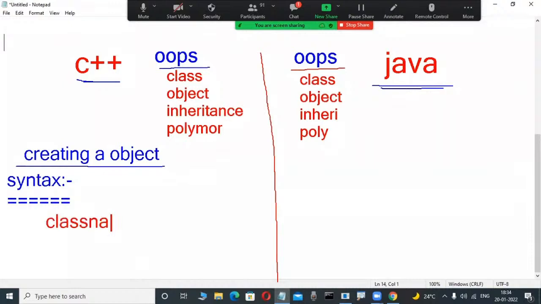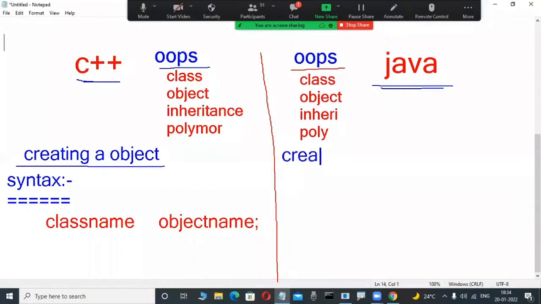Slowly observe here, here is the only difference. Class name, space, object name. This is the syntax to create an object from the class in C++. Suppose creating an object in Java also. Now observe here.